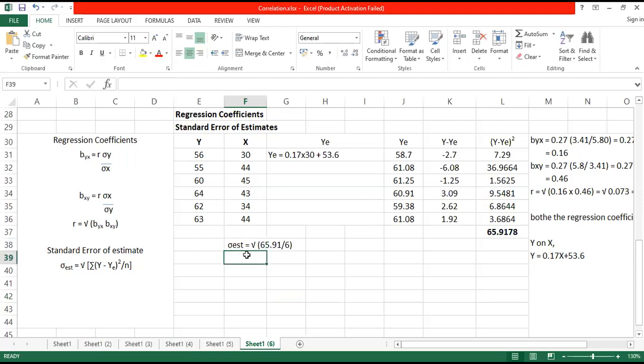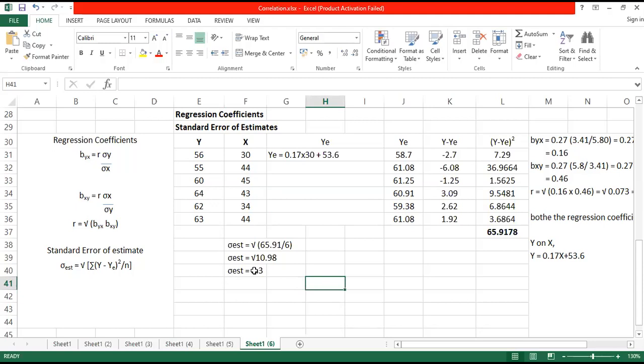So it is square root of, now 65.91 divided by 6 is 10.98. Therefore, sigma estimated is square root of 10.98. It is 3.3. So standard error of estimate is 3.3.